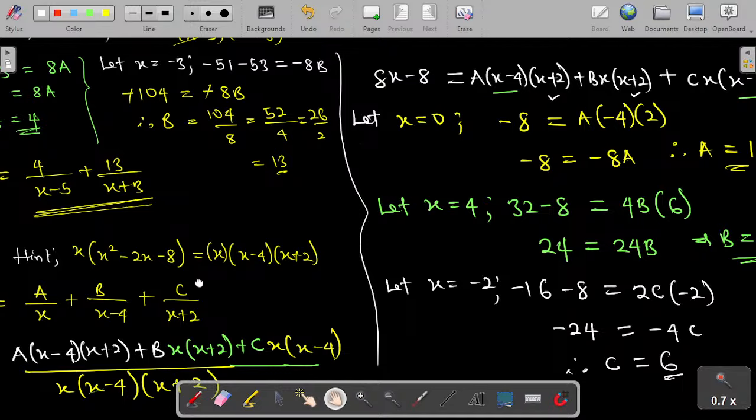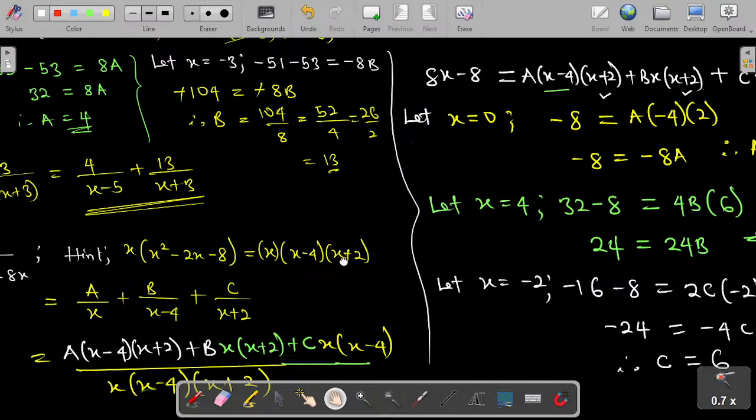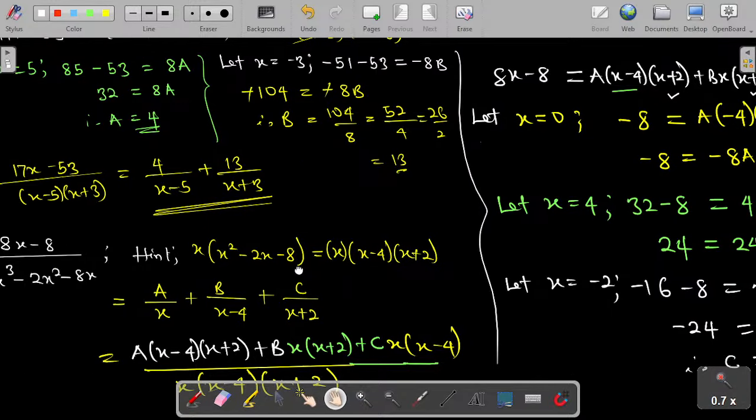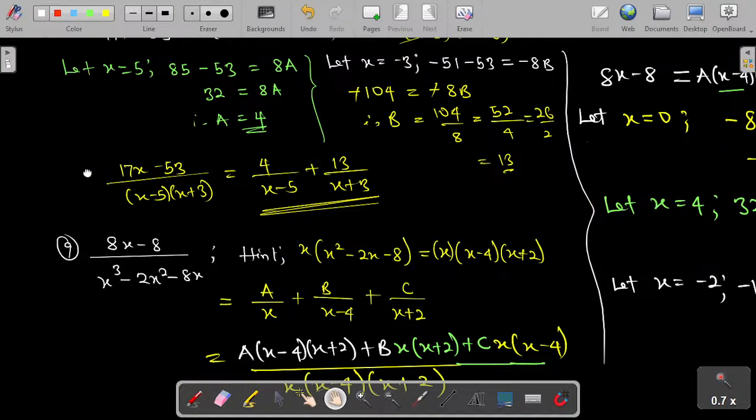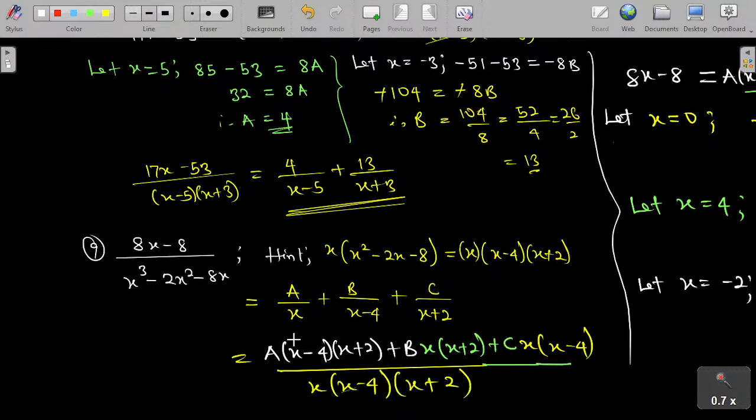So we return back to our original fraction and then substitute there. So let's quickly do that. So a is 1, so we have 1 over x, plus b is 1, we have 1 all over x minus 4, and finally c is 6, you have 6 all over x plus 2.